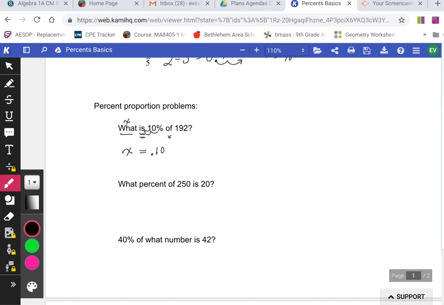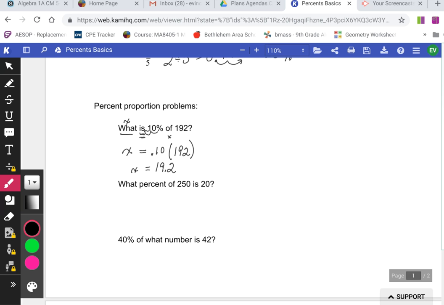Of means multiply, and I'm going to multiply by 192. So that's how you set it up. So in this case, to find x, I would multiply 0.10 times 192, or 19.2 would be my answer.